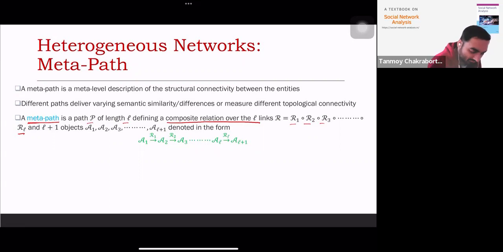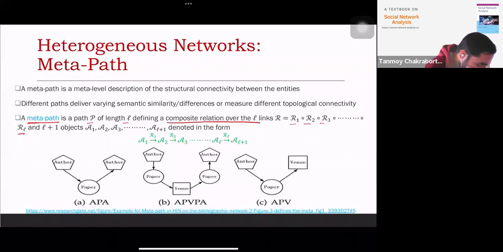Okay, let me give an example. So you see here, this is a metapath. It basically says that there's a metapath from an author to another author of length 2. This L is 2 in this case. The metapath consists of edges like author to paper, paper to author.